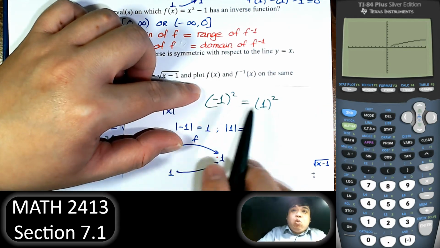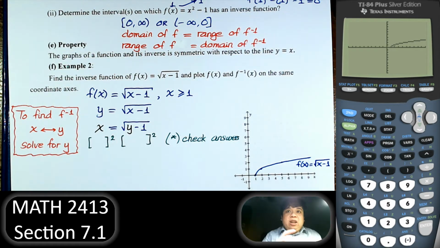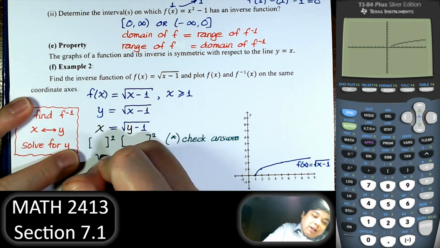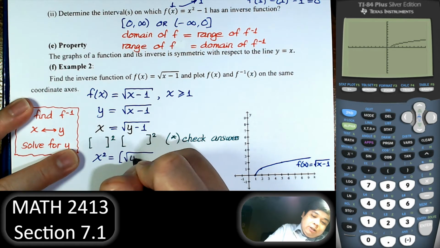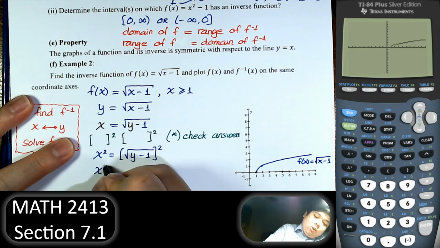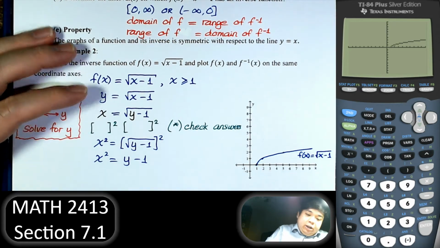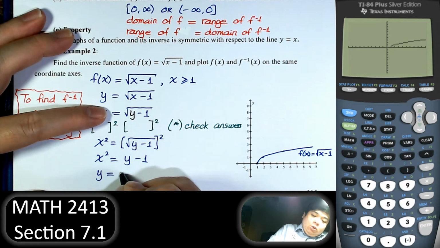However, without the square, they are not equal. So when we square, we make a negative equal to a positive number. So that's why we need to check. But here we have x squared equal to y minus 1. So to solve for y, we have y equal to x squared plus 1.